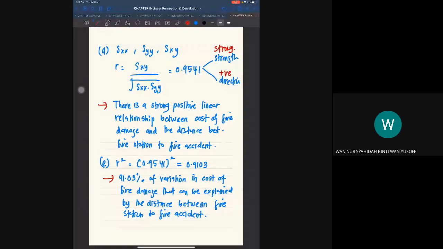In general, variation is very important to state. Without the word variation it is wrong here. So cost of fire damage, that's your Y in general, can be explained by that's your X. Any questions so far?